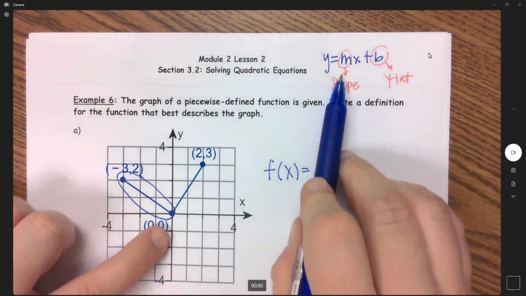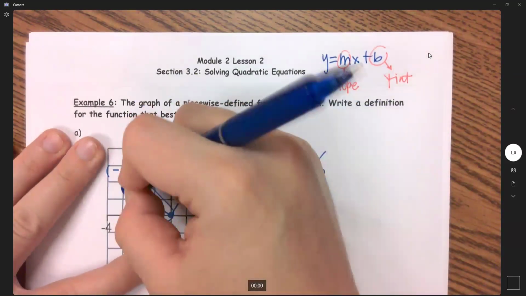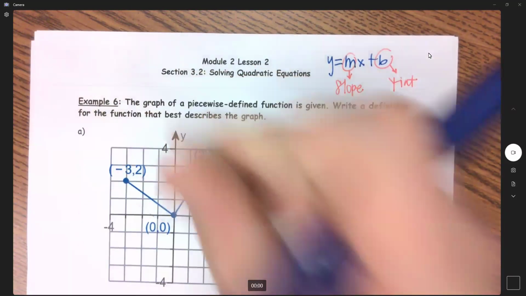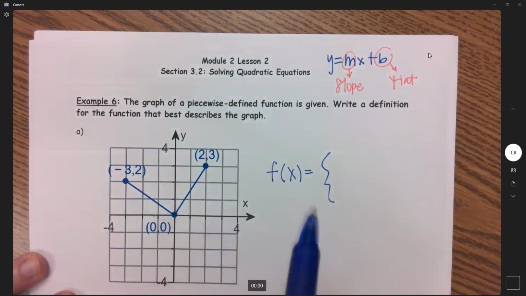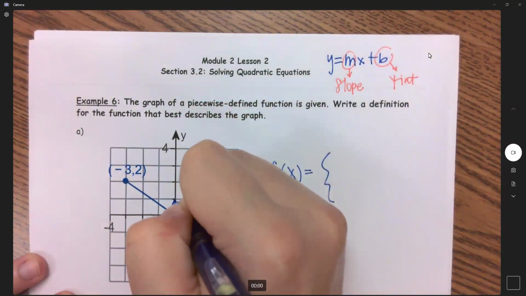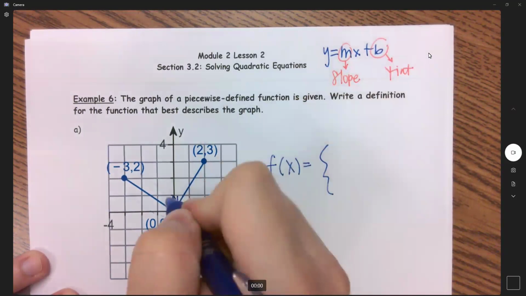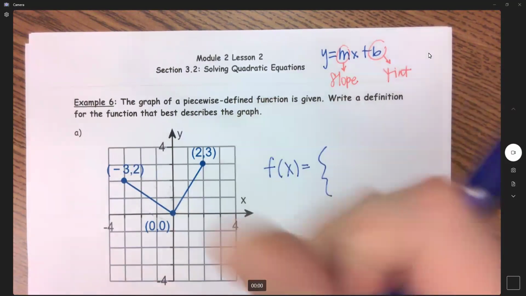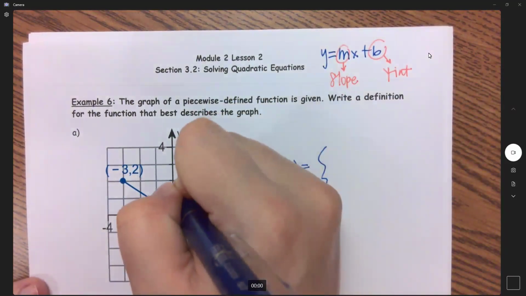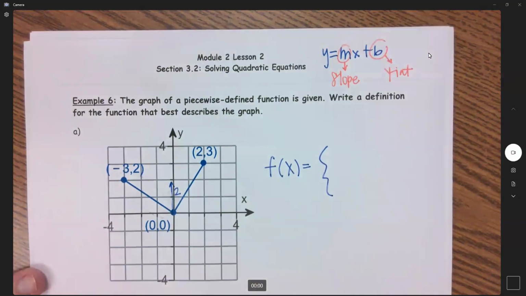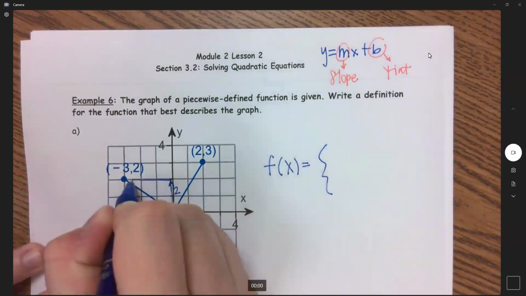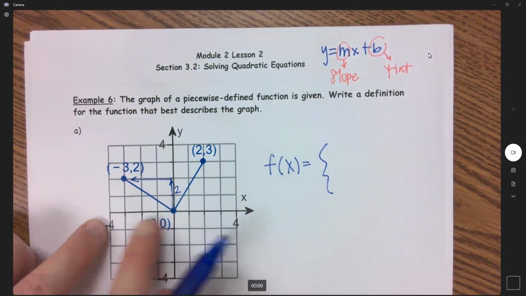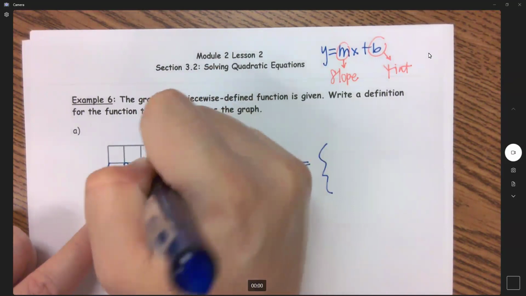So let's find the equation of this line first. First thing I need to do is find that slope. Okay, slope is rise over run. So from this point here, we are rising 2, and then we are running not positive 3, but negative 3, since I'm going back to all these negative numbers.